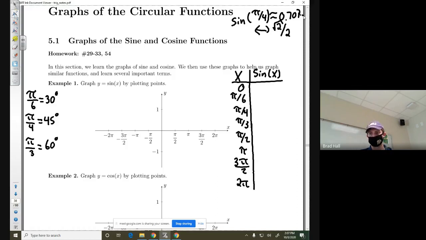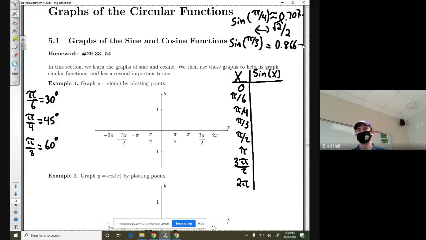So that means if you use your calculator and see square root of 2 over 2, which is 0.707, if you see that number, that is a significant number. And then additionally, sine of pi over 3, which is the same thing as sine of 60 degrees, is 0.866, blah, blah, blah.